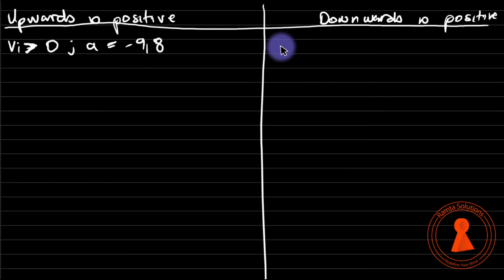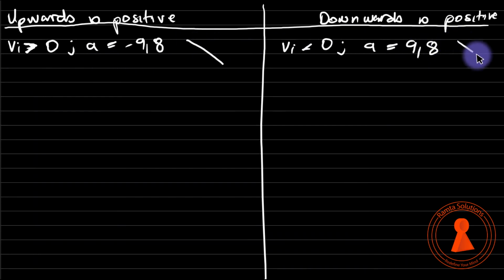Now, here, sorry, it'll be negative. And then acceleration, obviously, it's positive because we chose downwards motion to be positive, right? So obviously we said our graphs look like this, right?